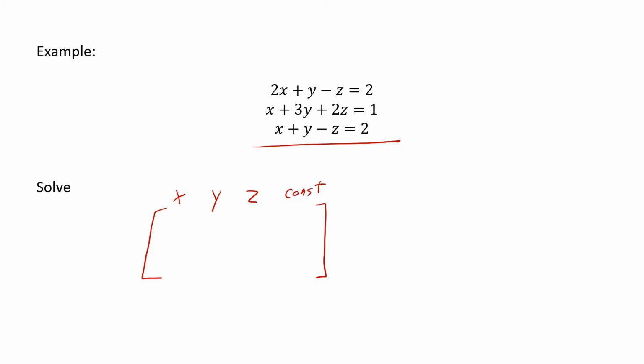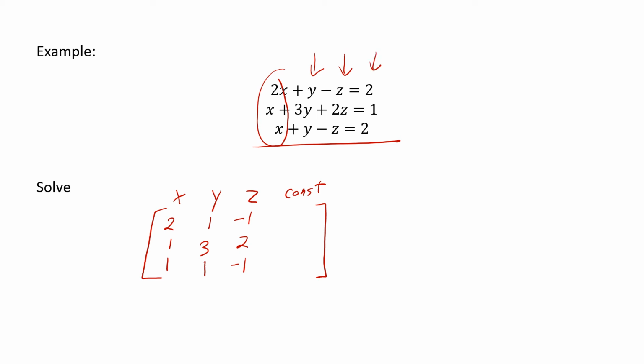When I read down the equations, I'm going to build my augmented matrix by first looking at all the x's. I have 2, 1, 1. Now I look at my y's. I have 1, 3, and 1. I look at my z's, -1, 2, and -1.